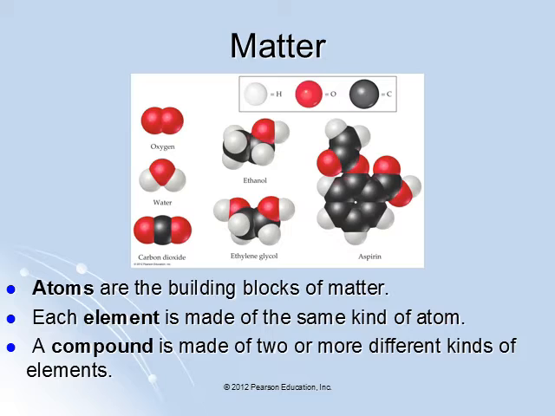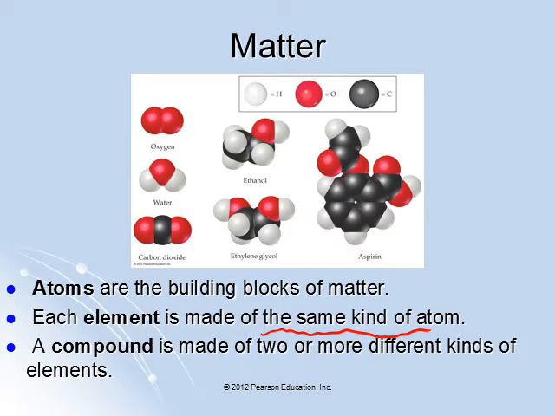Atoms are the building blocks of matter. So make sure you understand that every substance has atoms. It's pretty much like bricks make a building. Similarly, atoms make matter. Each element is made up of the same kind of atom.